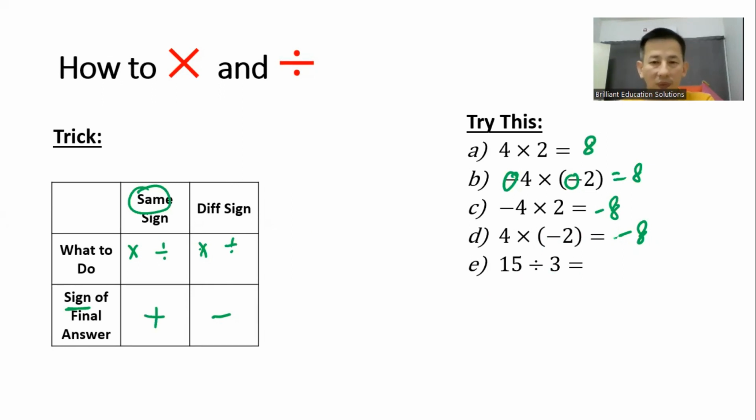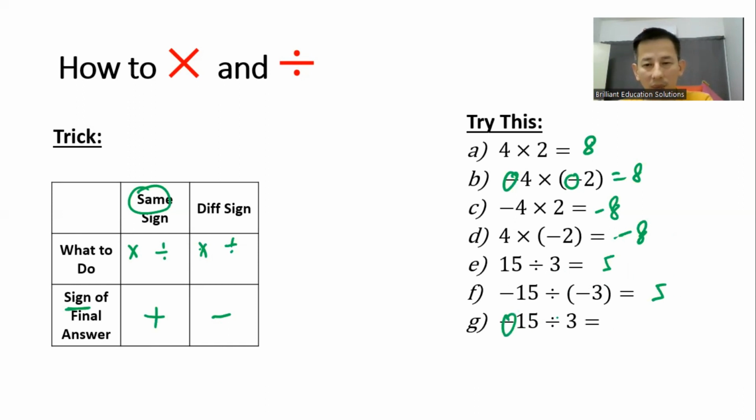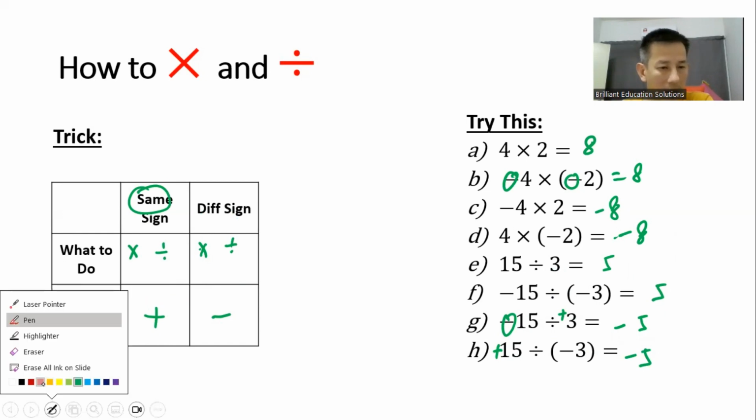So 15 divided by 3 is 5, and negative 15 divided by negative 3, same sign, then the answer should be positive 5. If one positive and one negative, or one negative and one positive, then the answer should be negative 5. So take note of the sign: if same sign, you should have plus, and if different sign, you should have minus.